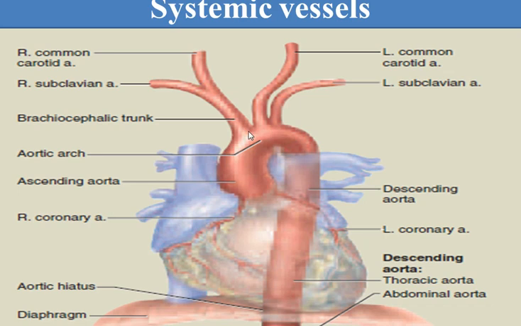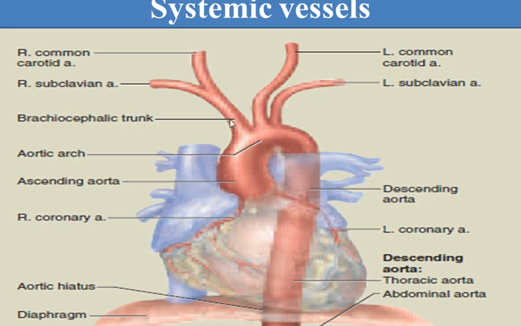And from the aortic arch, three main vessels rise. The first one, which supplies the upper left limb, we call the left subclavian artery. We call it subclavian because it runs under the clavicle bone. And the second one, this supplies the head and neck, and we call it the left common carotid.